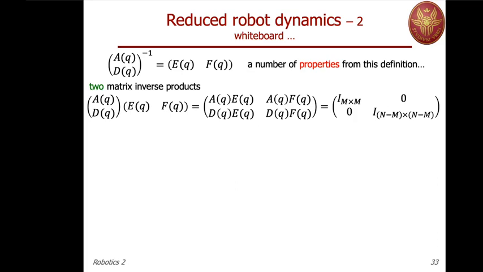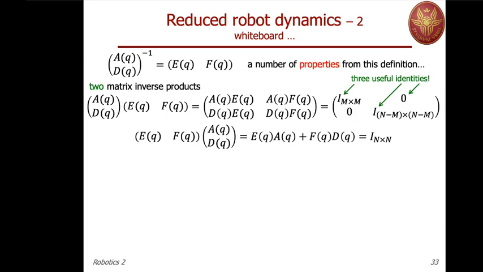And we know that the result should be an identity, and in particular I am showing here the block dimension of the identity matrix on the diagonal. So we obtain a number of useful identities, and we will use 3 of these. The product A times E is the identity, the product of A times F is 0, and the product of D times F is the identity as well.